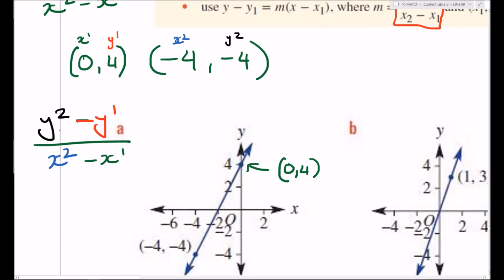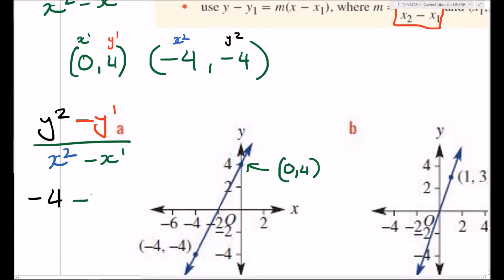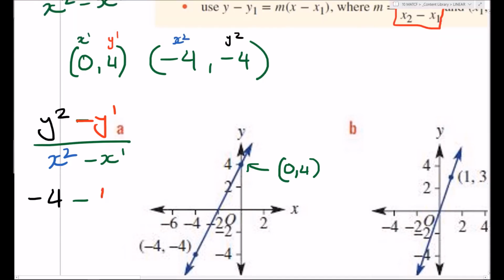Okay. Now just see what you need to do: change all the associated values with those numbers here. So this y2, you need to swap it with this y2 here. So when I write my formula, it should look like this now. -4, take away y1, which is 4. Take away 4. So that's the first part.